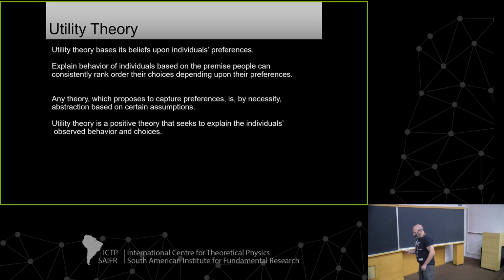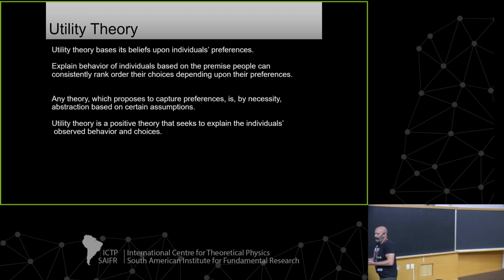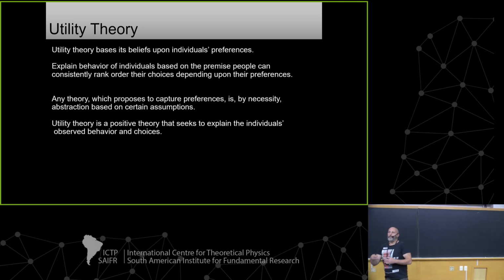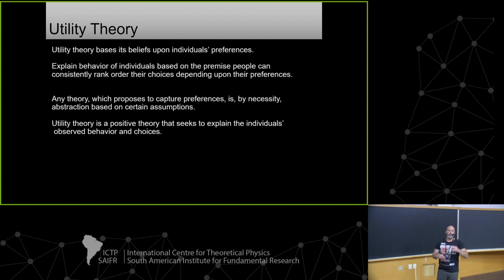This is important, to rank, to make decisions and to compare these decisions. So they can rank, order the choices depending upon their preferences. That means that if I have to make a decision or a choice, I can rank all the possibilities, evaluate them, and decide, okay, this is the first one, the second one. I can rank them. Okay?